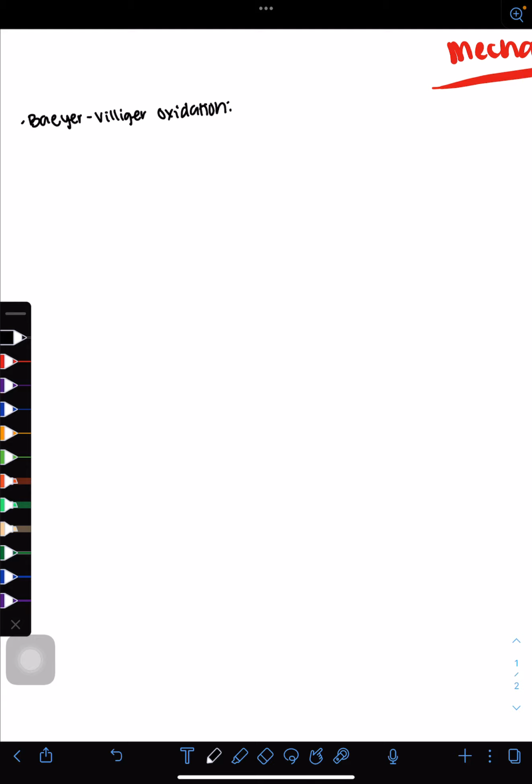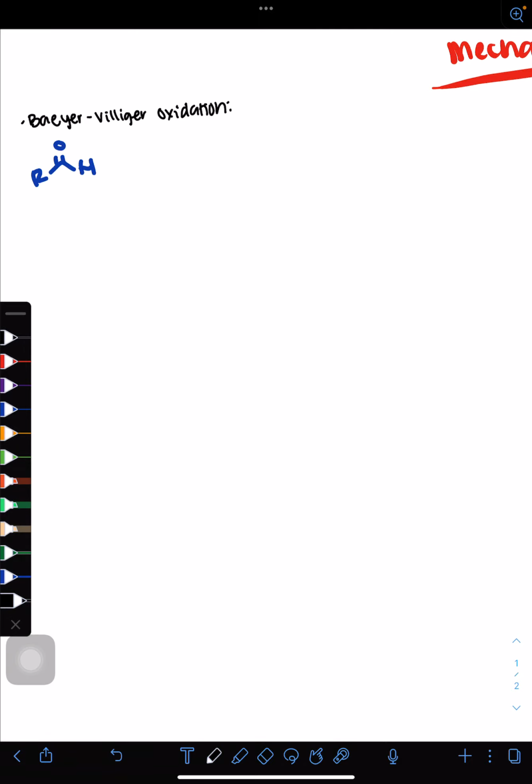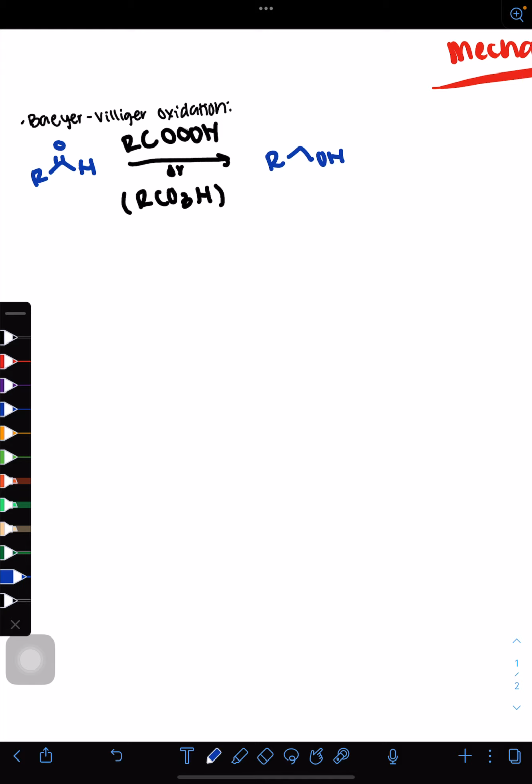So, this is when you have an R-C=O-R compound and you react it with RCOOOH reactant, or we can also write it like an RCO3H, which will give us this.